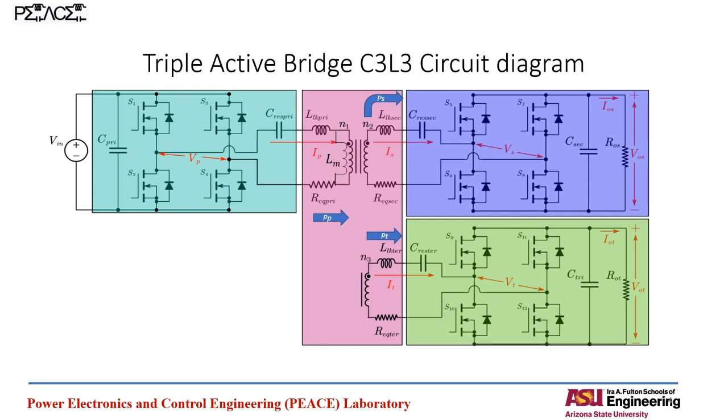So PP is going to be the combination of PS and PT. At the output, we have a load ROS. The battery is being represented as a resistive load ROS, and the voltage across it is VOS. Similarly, on the tertiary side, we have a resistive load ROT, and the voltage across it is VOT.